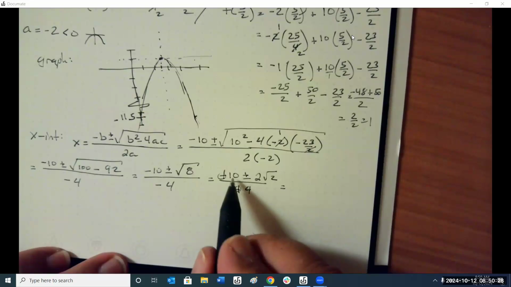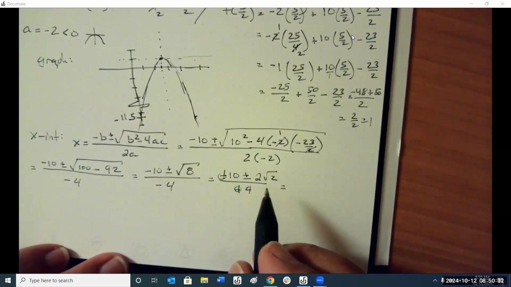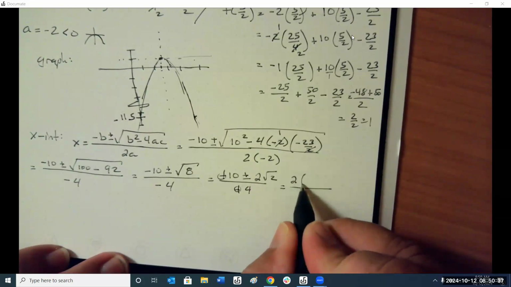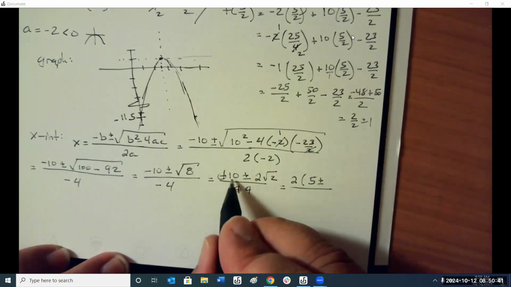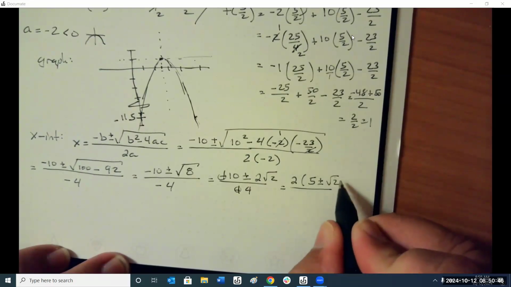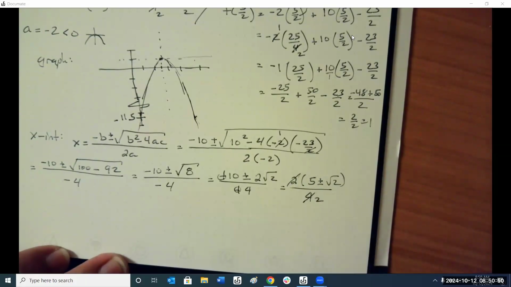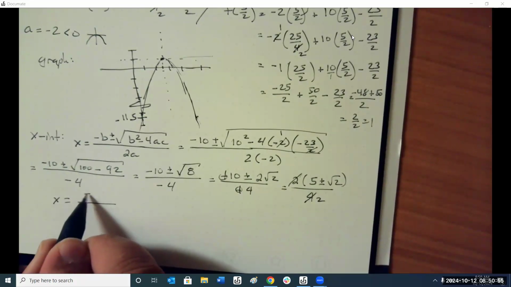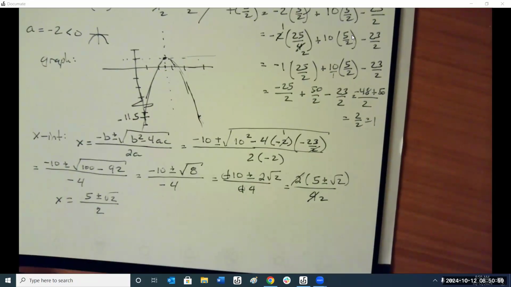So now it's positive 10 plus or minus 2 radical 2 over 4. On top, we can factor out a 2. We take out 10, there's 5 of those. Take out 2, so we have radical 2 over 4. The 2 and the 4 cancel. So our x-intercepts are at 5 plus or minus radical 2 over 2.